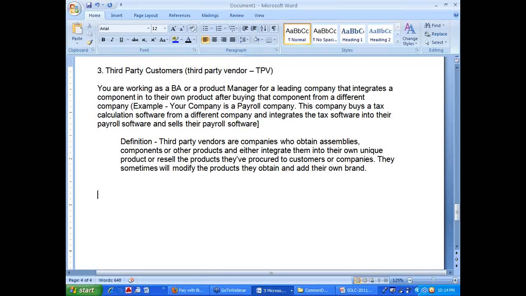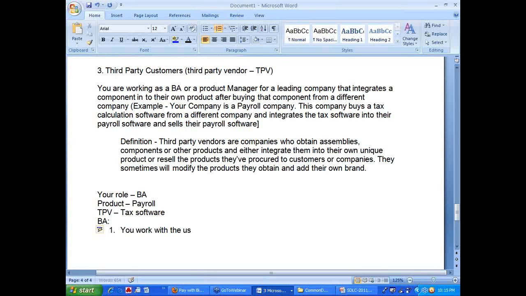If you are a BA here, your role is a BA, the product is payroll, and the third party product is a tax software. So as a BA, there are two roles here. Within your own company, you work with the user, such as me, to develop the payroll product.